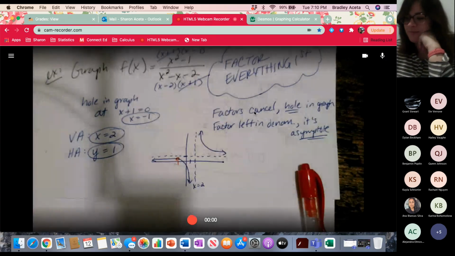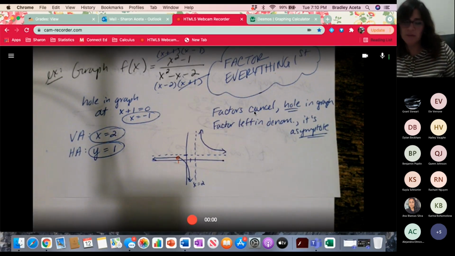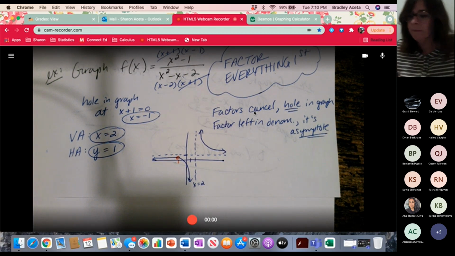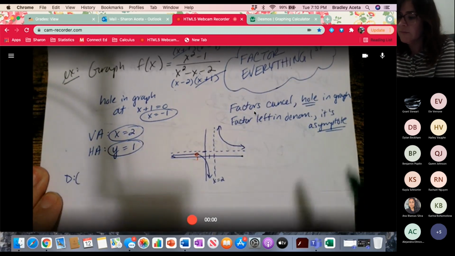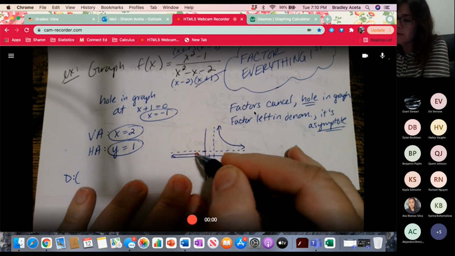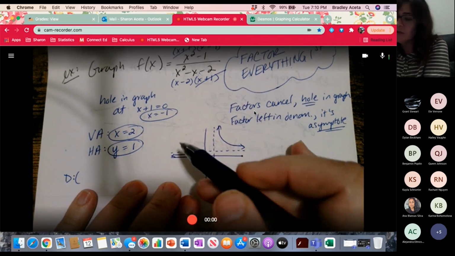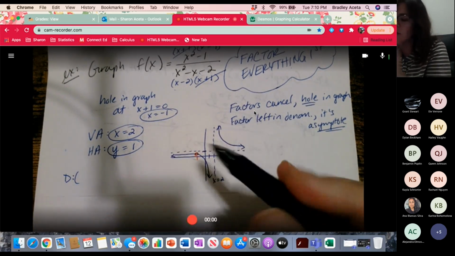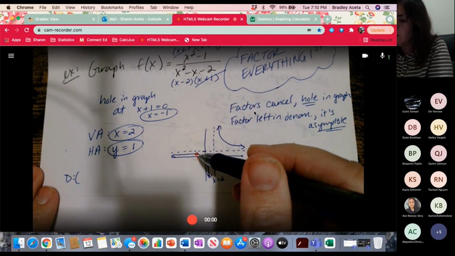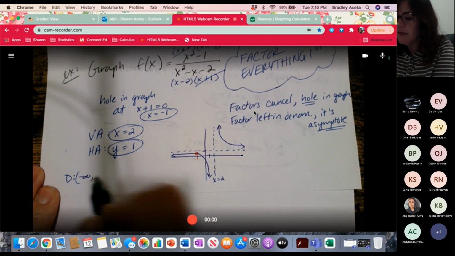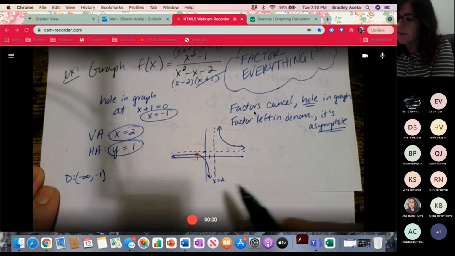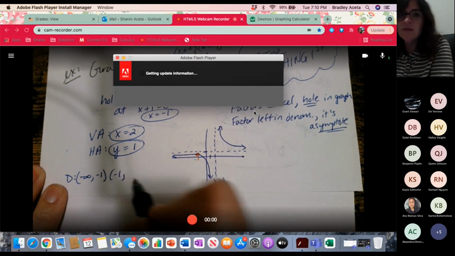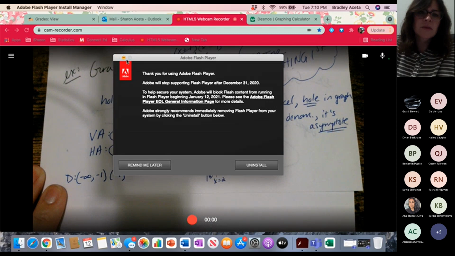You are amazing. Now, what does that mean for domain? Real quick. The domain for this one, that hole is going to be a problem still. It's almost still like a double asymptote problem. So you would say from -infinity up until that hole, which was at -1. And then from -1, ooh, getting updates.